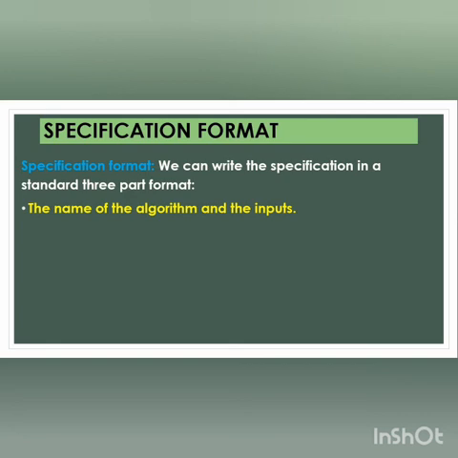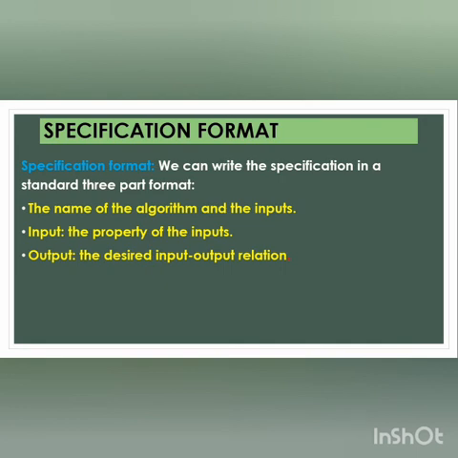The second step is to mention the property of the input variables. And the third step is to mention the property of the output, and also the desired input-output relation. So, the first part is the name of the algorithm and the inputs, and the second part is the property of the inputs.